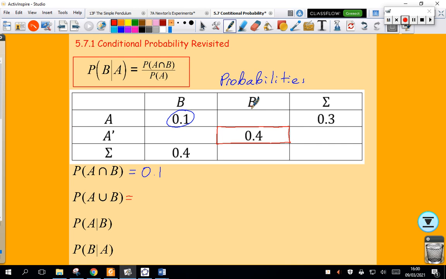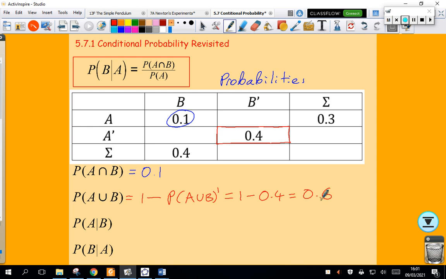In other words, not in A and not in B, so it's in neither column A nor B. The probability of A union B, by the complementary rule, is always going to be 1 minus the probability of A union B complement. A union B complement means it can't be in either A or B, so we're looking for the things that are in not A and not B. That's 0.4. So it's 0.6.